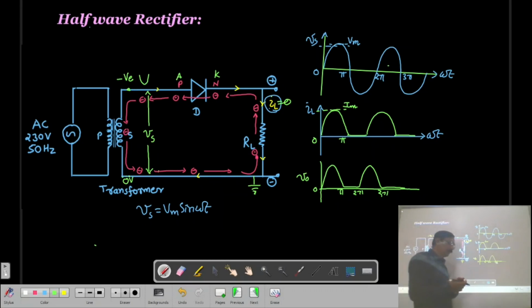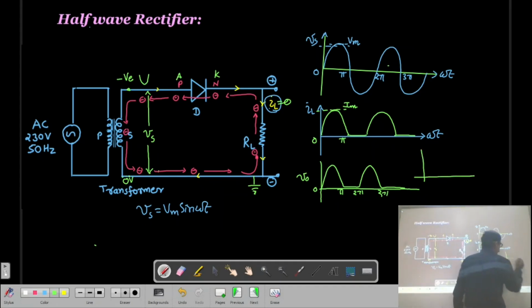Now in this waveform, you can see that whatever the output current is, the load current or the output voltage, it is not a pure DC voltage. If we have a pure DC voltage, then it will be like this, VDC voltage.